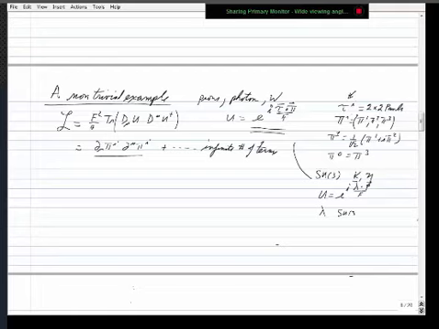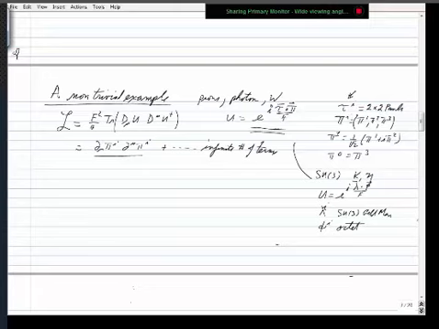Let's slow down a little bit and say what that is. So tau i are the 2 by 2 Pauli matrices. Pi i is pi 1, pi 2, pi 3.